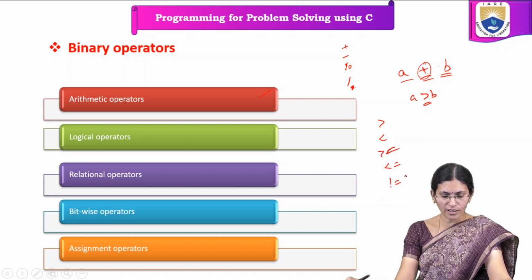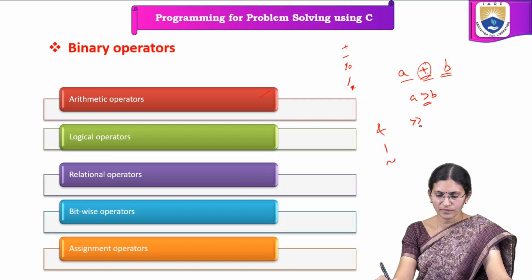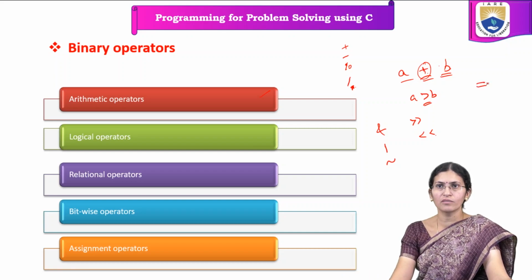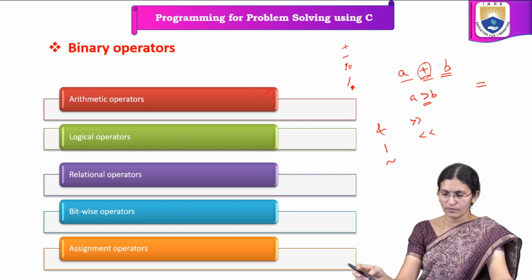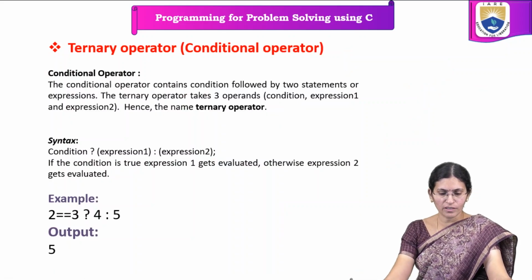Then we have bitwise operators like bitwise AND, bitwise OR, NOT (one's complement), the right shift operator and the left shift operator. Next one is assignment operators, where we can assign a value to a variable. These are the different binary operators which are available.